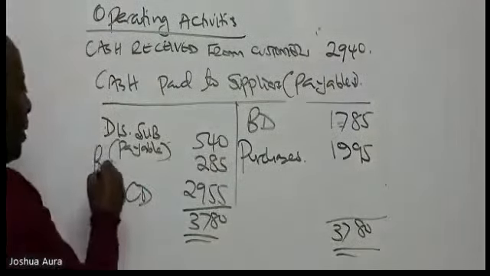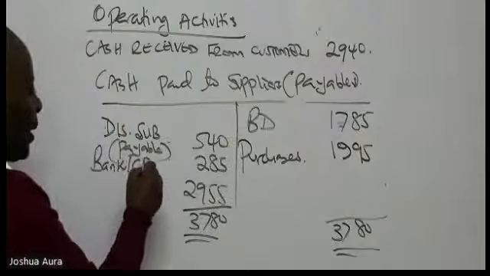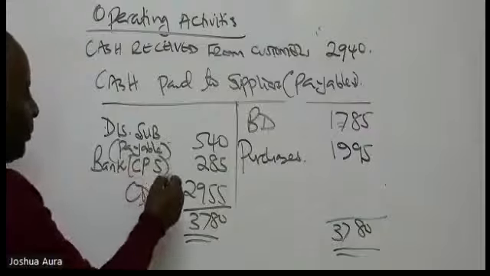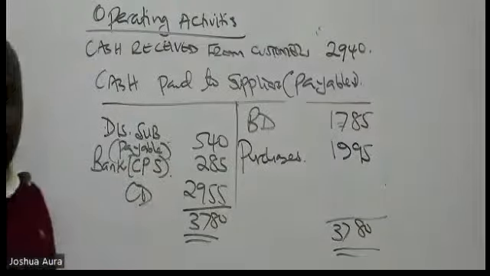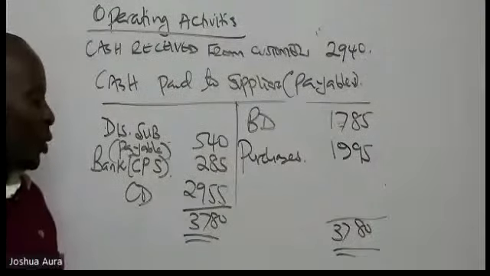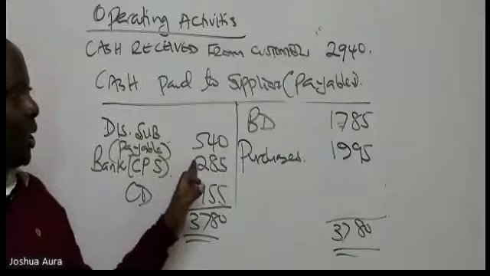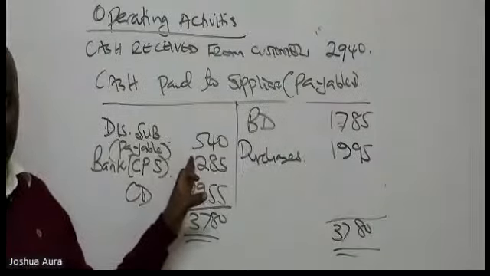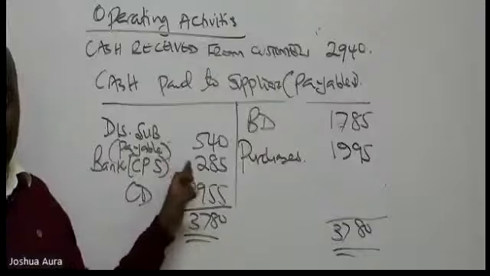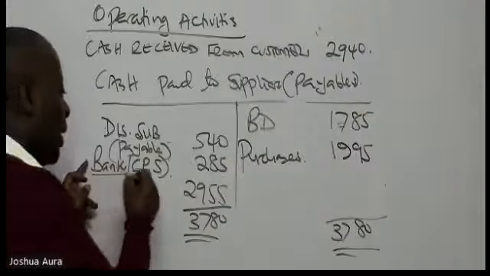So of course, this is the bank, cash paid to suppliers. Cash paid to suppliers is 285. You have to write this in full. If you have a highlighter, could you kindly highlight this?